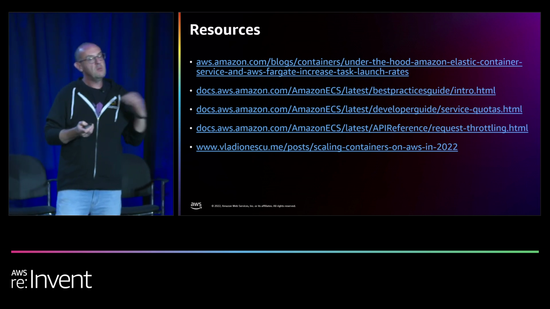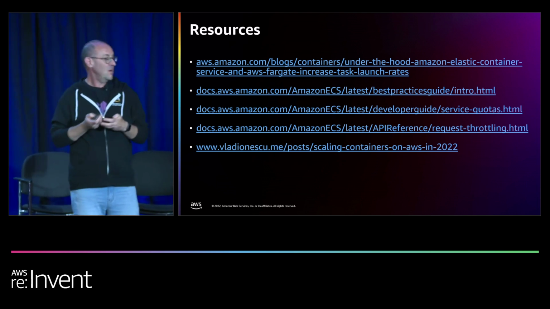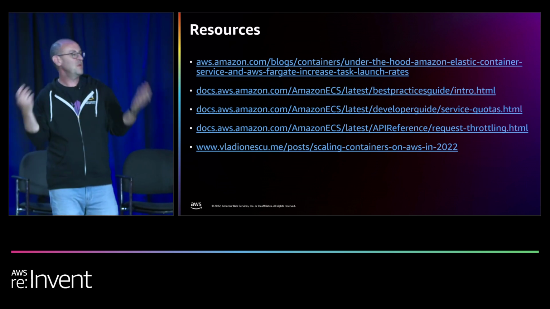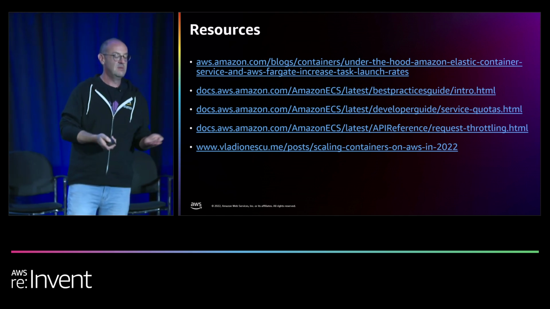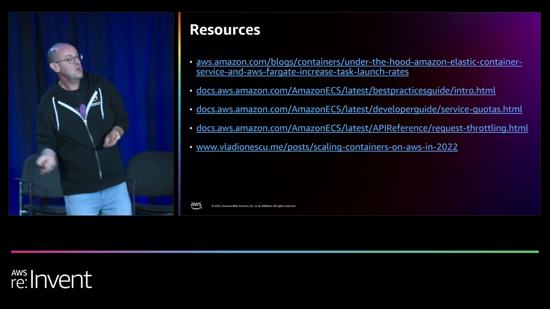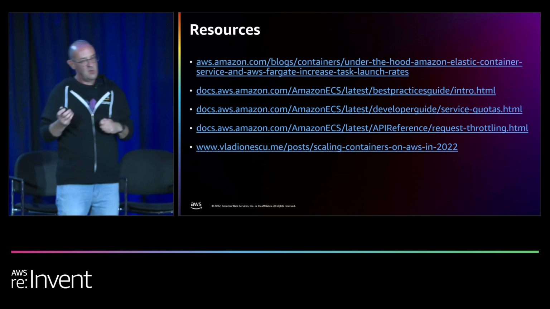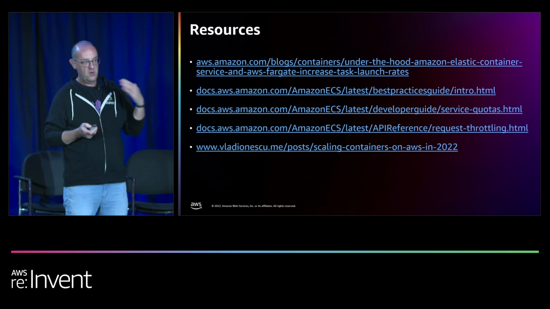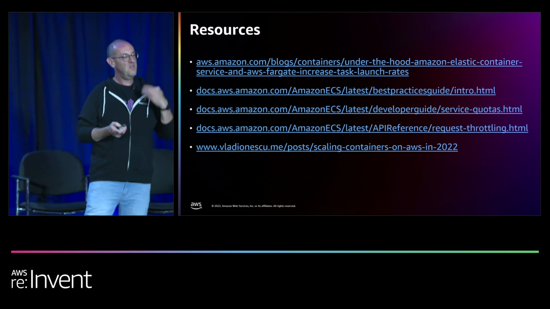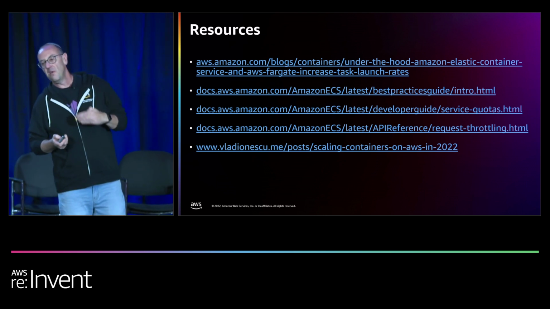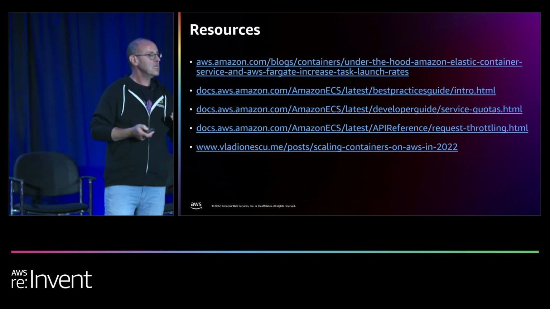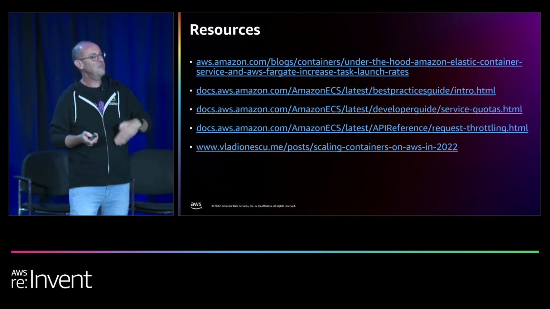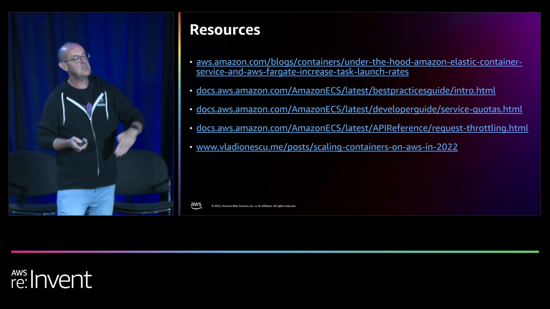The last one is a blog post from one of our community heroes, to whom I would like to give a shout out. These community heroes are people who contribute to the AWS community. They're not AWS employees. A gentleman by the name of Vlad Ionescu. Unfortunately, he's not at re:Invent because I really would have liked to shake his hand. He wrote a very detailed blog post, a 30-minute read, but a very fascinating one, about how Fargate and ECS have improved over the years. He checks once a year how fast tasks launch and how fast things work within ECS.